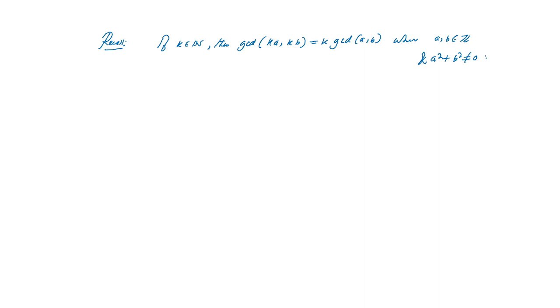Now we come to the next important concept. This is relatively prime, or co-prime. When are two integers called relatively prime or co-prime?